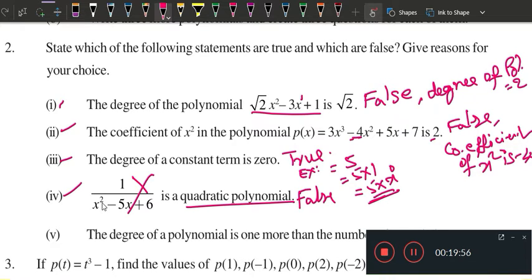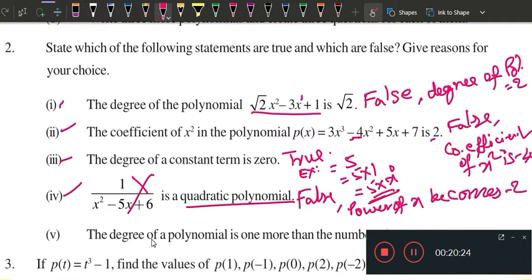But it is in the denominator, so the power of x becomes minus 2. So it is false.